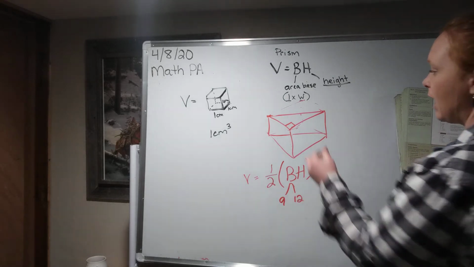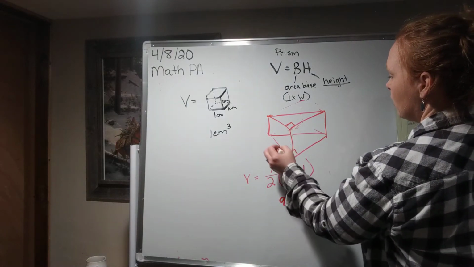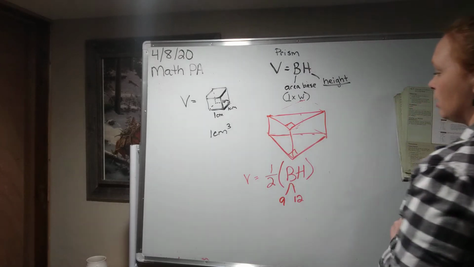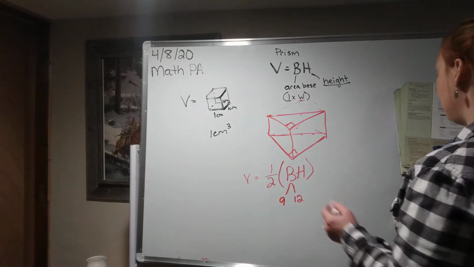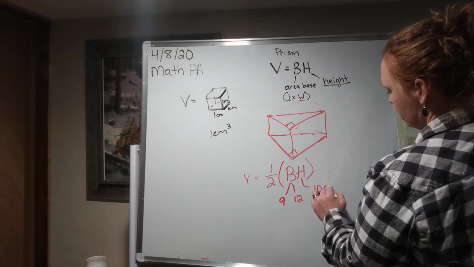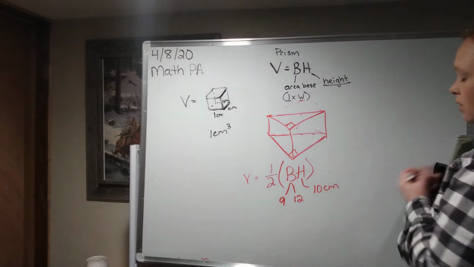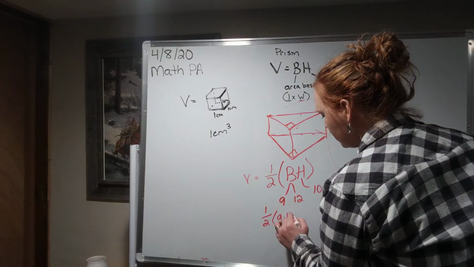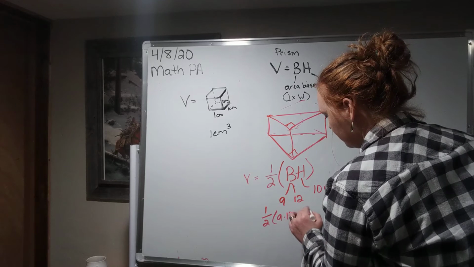They're the ones on the right angle. Okay, that right angle. They're the length and the width. We don't want the cut in half part. Okay, and then our height is 10 centimeters. So this problem becomes 1/2 of 9 times 12 times 10.